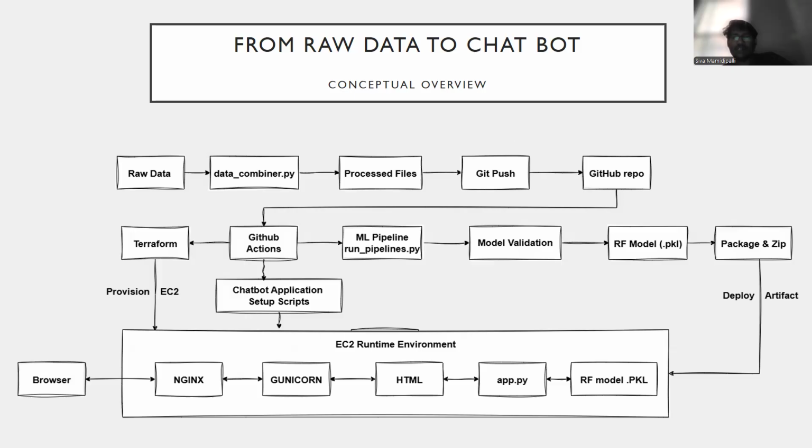All the files are pushed to the GitHub repository, and GitHub Actions is a pipeline which initially triggers Terraform and provisions an EC2 instance. After that, the ML pipeline triggers and creates a model validation, and finally the best model creates the artifact, so that it is the pickle file.